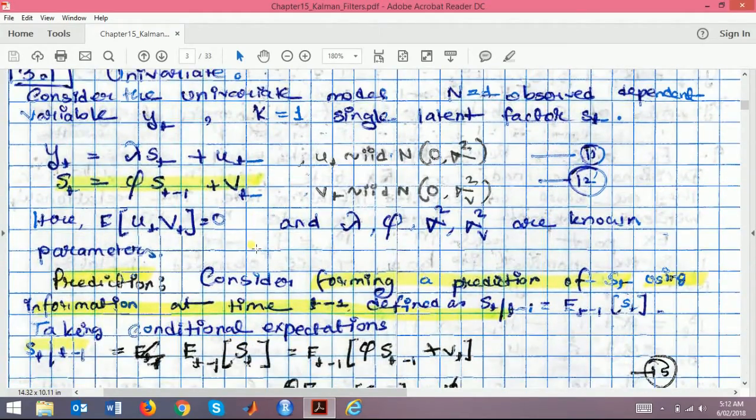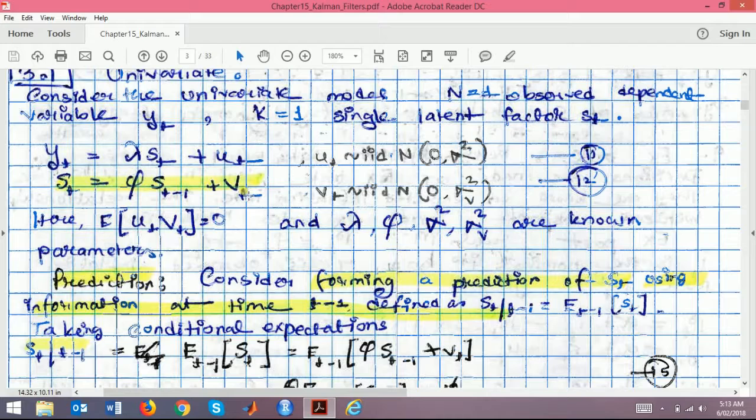Univariate. Consider the univariate model with n equals 1 observed dependent variable y and k equals 1 single latent factor s. So y equals lambda st plus ut is the measurement equation, and st equals phi st minus 1 plus vt is the latent state equation. Here the expected value of ut vt being zero means we are expecting the residual and the disturbance are not correlated.